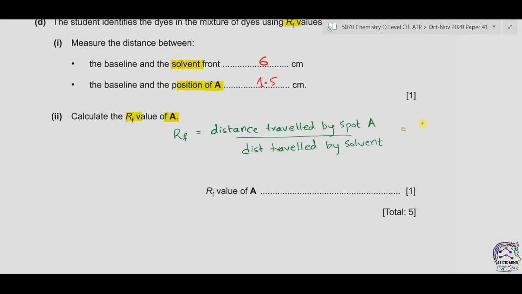By putting values, we have 1.5 cm divided by 6 cm. By dividing, the RF value comes equal to 0.25 and there are no units.